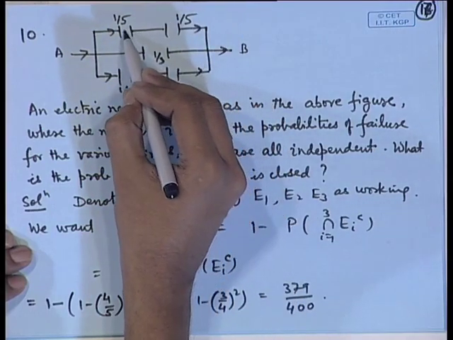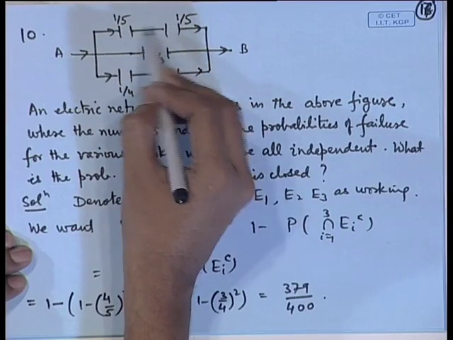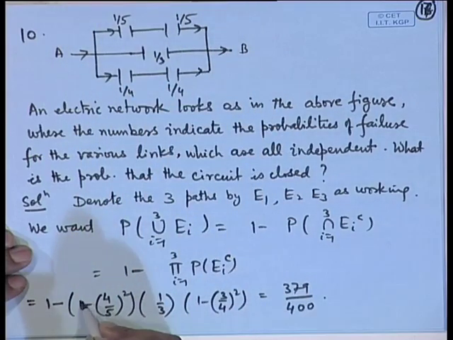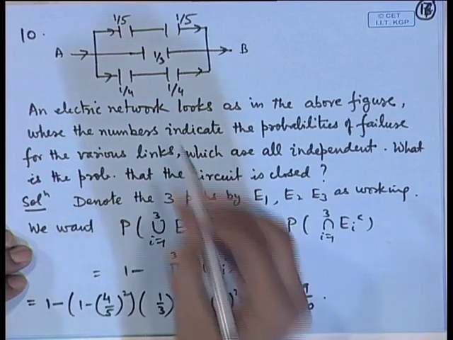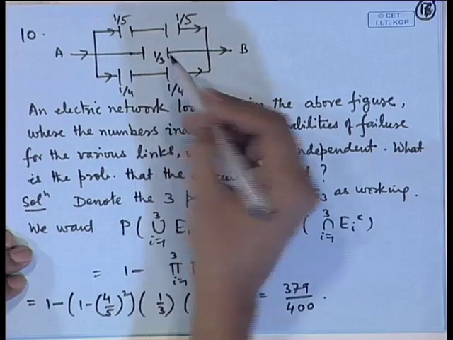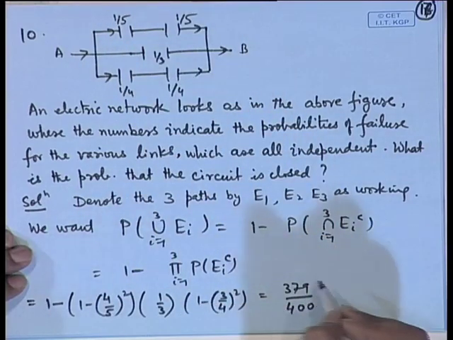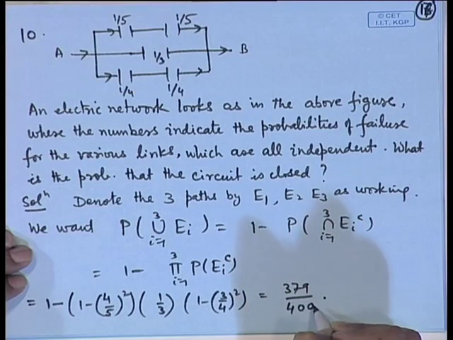It is not working if either of these is failing, and it is working if both are working, that means 4 by 5 squared. So, it becomes 1 minus 4 by 5 squared. This will not work with probability 1 by 3, this will not work with probability 1 minus 3 by 4 squared. After simplification it becomes 379 by 400, which is pretty high.